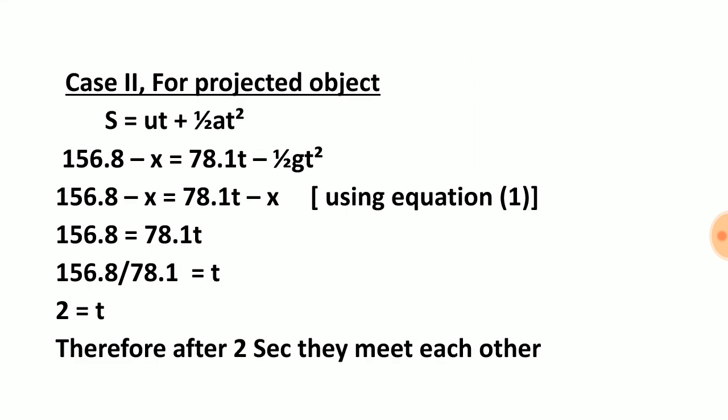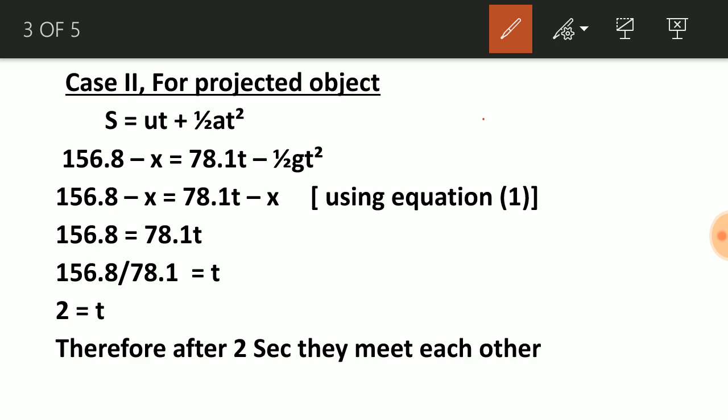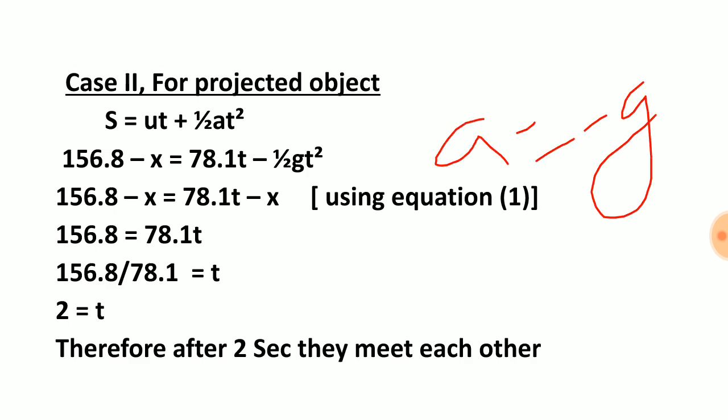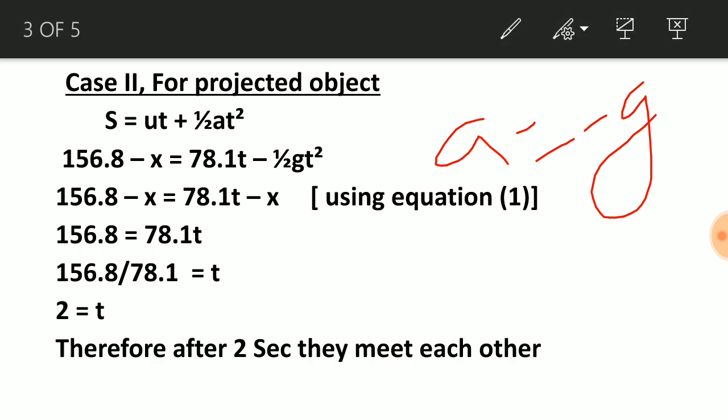So s is 156.8 minus x, and u is 78.1 into t. In this case we are throwing up, so the acceleration a will be minus g. The expression will be 156.8 minus x is equal to 78.1 t minus half gt square.